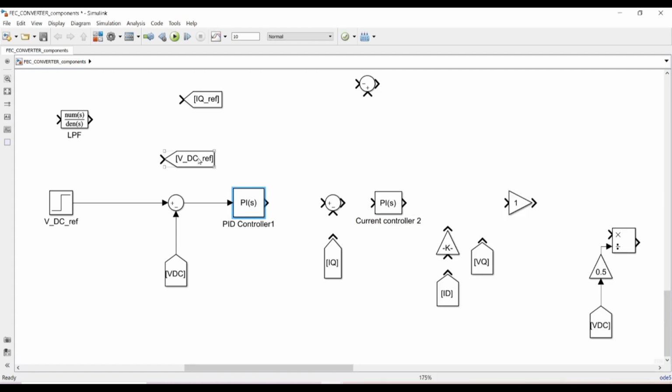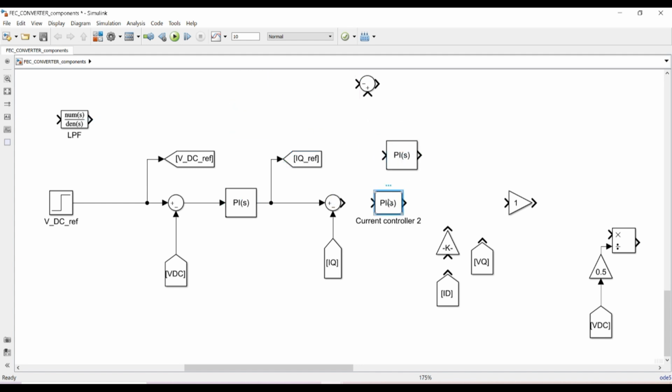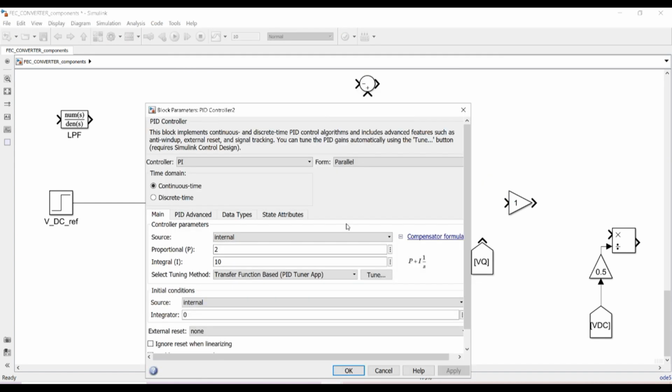Now here this is the VD reference. Now here after the PI we are generating an IQ reference. Now this IQ reference will be then subtracted from the IQ. So this is our IQ reference. Here also we will be using a PI controller and put an arbitrary value of 2 and 10.